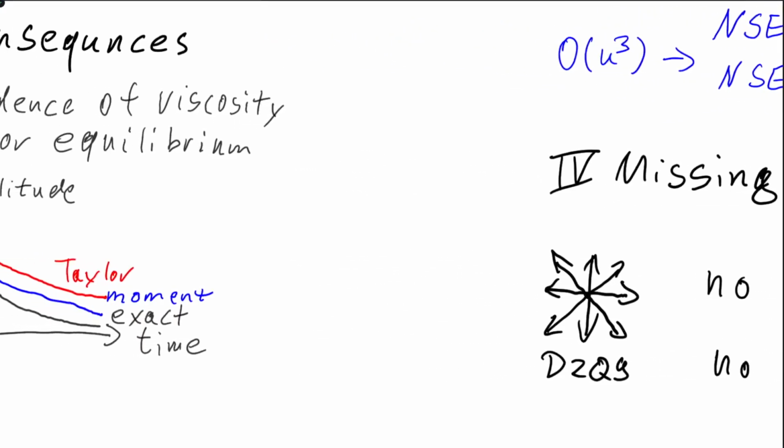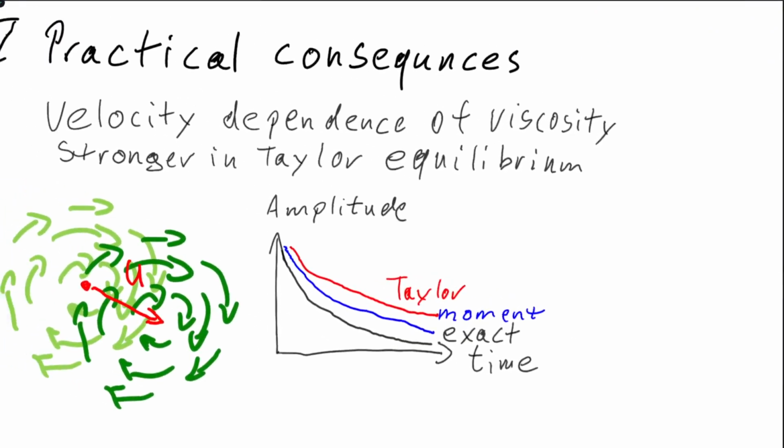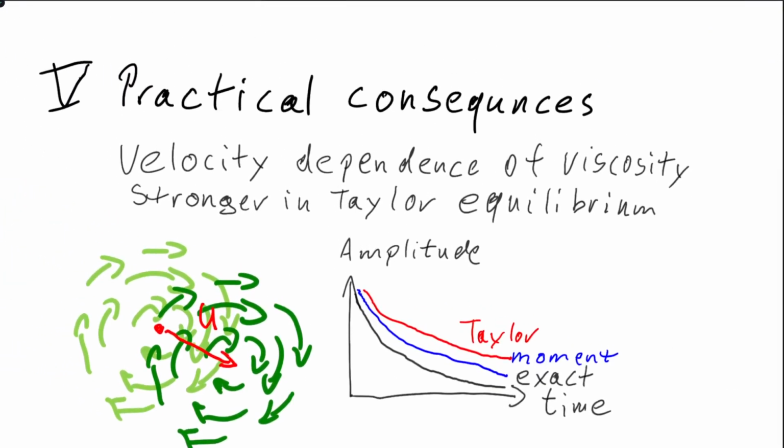So if we cannot repair all the error terms, what is still the practical consequence? Well, as I just said, the consequence of cutting off the velocity after the second order gives us a velocity dependent viscosity.